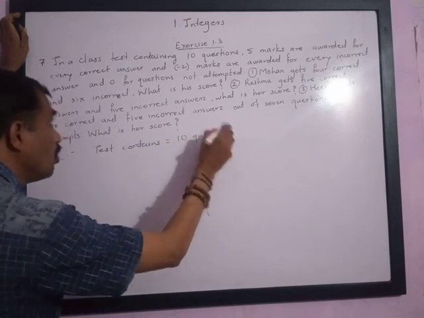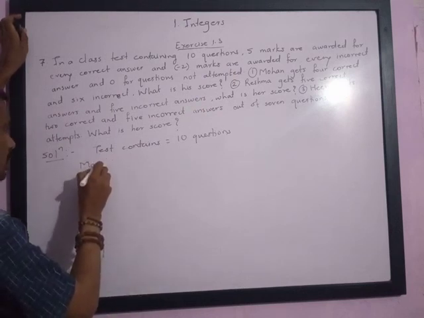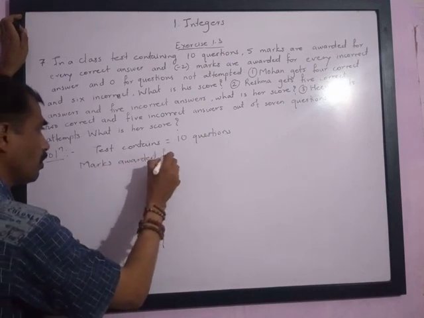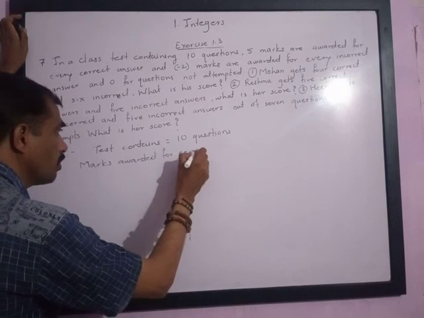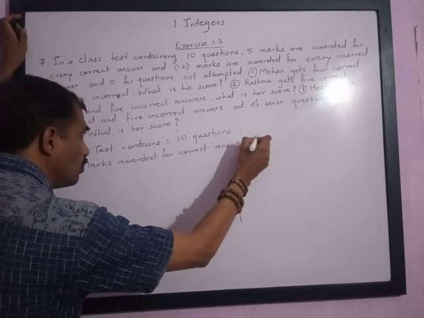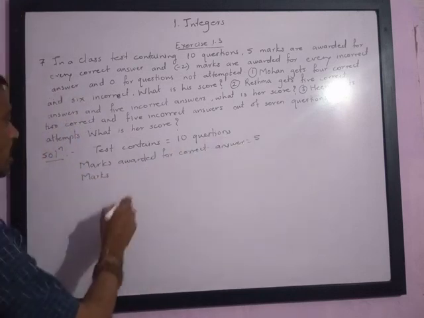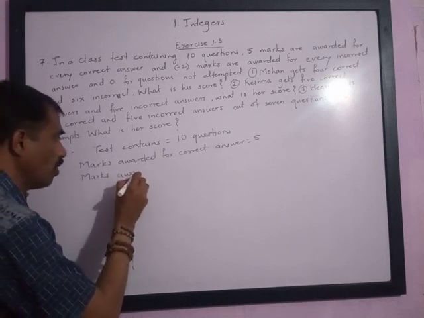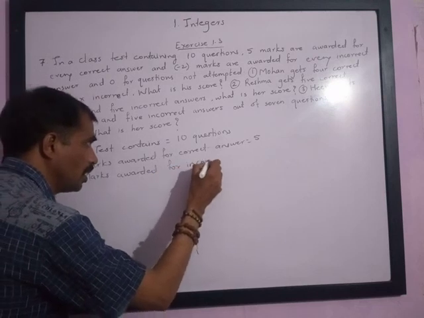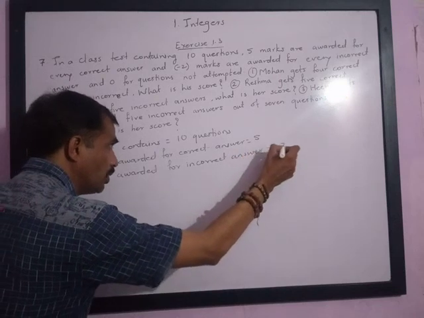Then 5 marks are awarded for a correct answer. So marks awarded for correct answer is equal to 5. Marks awarded for incorrect answer is equal to negative 2.